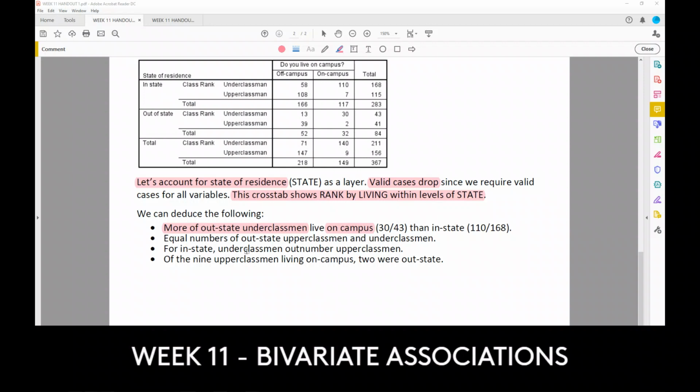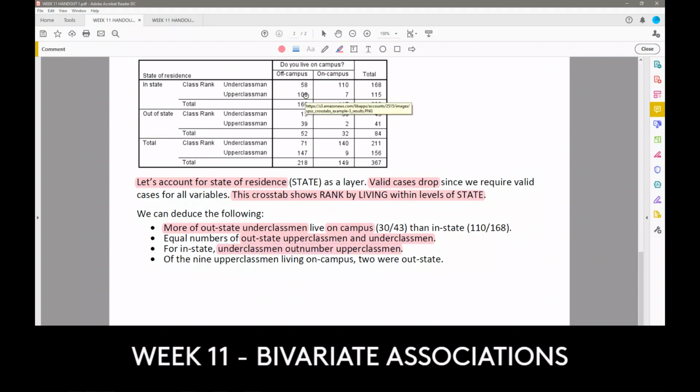When we are looking at out-of-state individuals by class, we can see that there's roughly equal numbers of upperclassmen and underclassmen. When we are looking at in-state students, underclassmen outnumber upperclassmen.